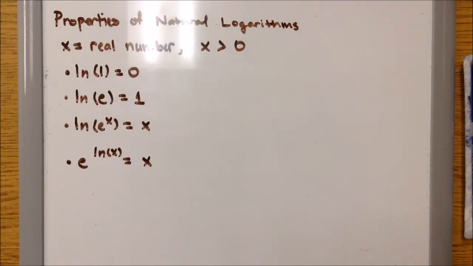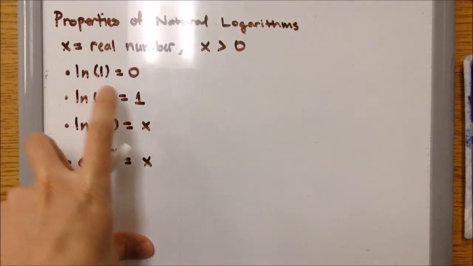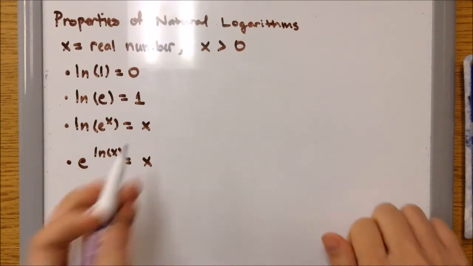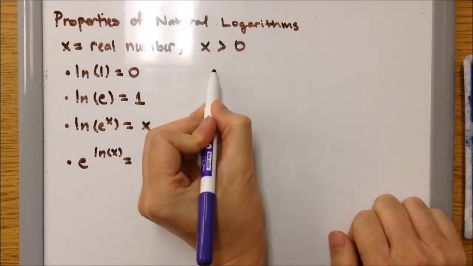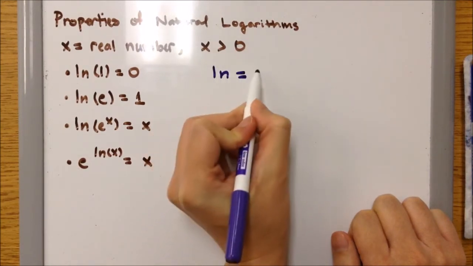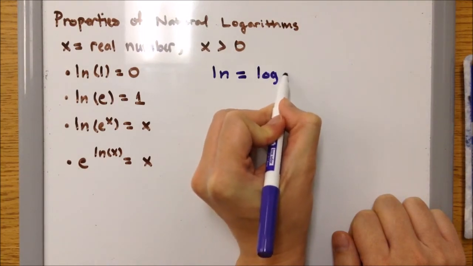So let's talk about it. Our first property is ln of 1 equals 0. Now, I want to talk about ln. The notation of ln is the same form as log with a base of e.